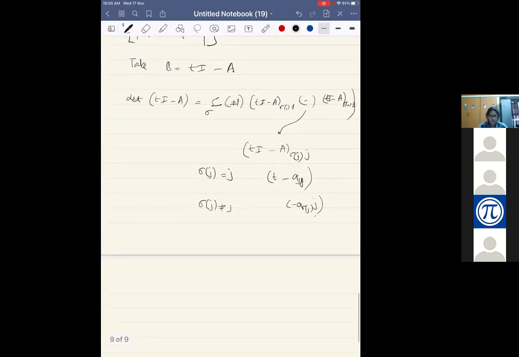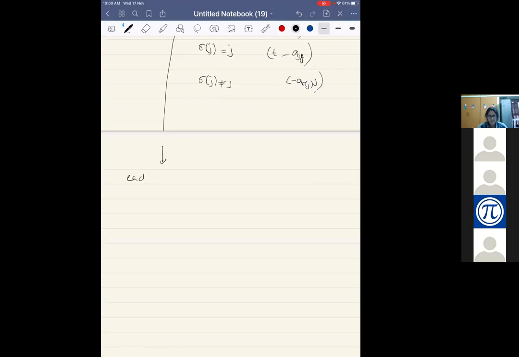In any case, each term in the sum is a product of n functions of t of the form either a constant function of t or a linear function of t.